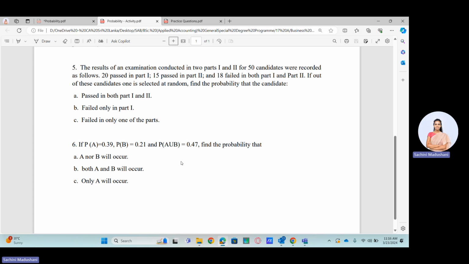Intersection means both, the common area. So we take A and subtract the common part, then we get only A. How do we write only A? Only A we can write as A intersection B dash.